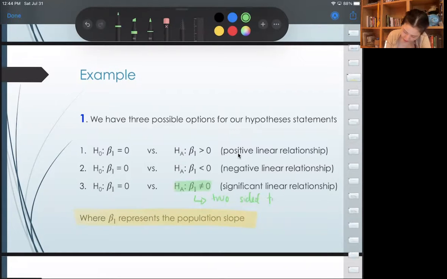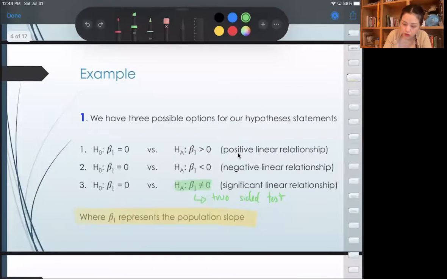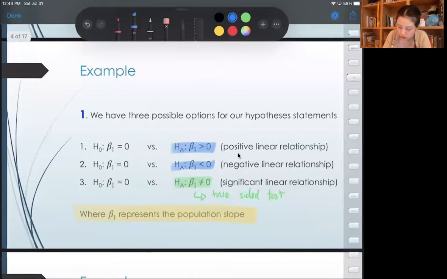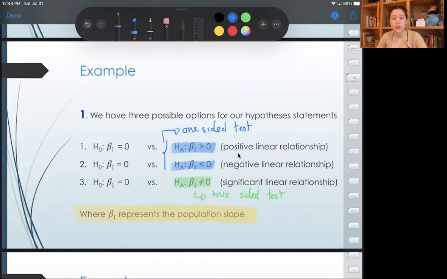And for the other two, maybe I highlight in blue, these are one-sided tests. Either beta 1 bigger or less than 0.